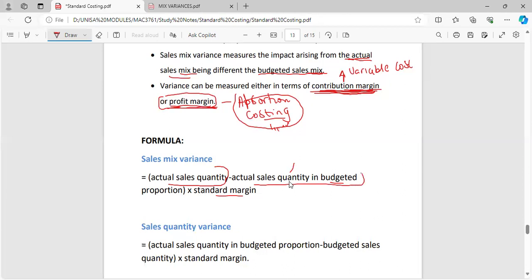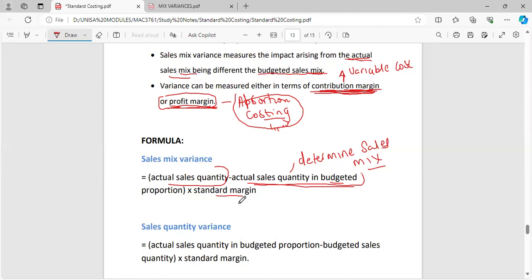Here you now need to determine the sales mix, so that you can see your quantities in budgeted proportion.